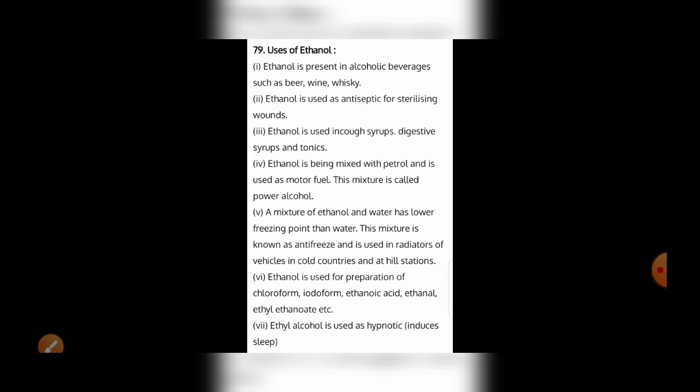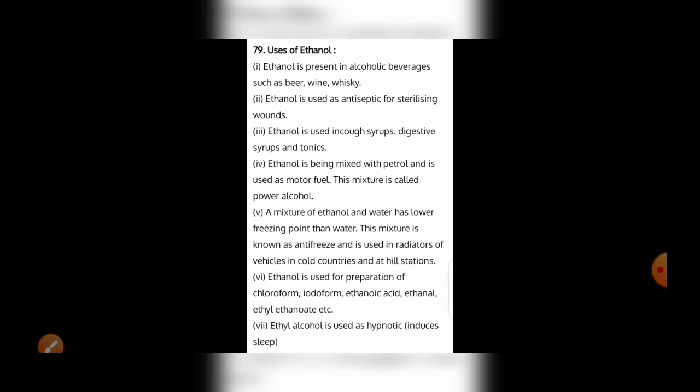Okay, next, ethanol is mixed with petrol and used as a motor fuel, so it is called power alcohol. Whenever petrol is mixed with alcohol, you get power alcohol. A mixture of ethanol and water has a lower freezing point than water. This mixture is known as antifreeze and it is used in radiators of vehicles in cold countries and at high hill stations.